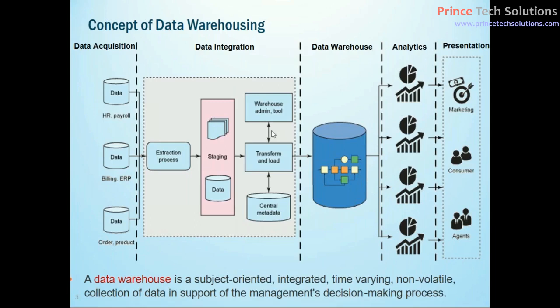If the data is modified in OLTP, the data will be modified in the data warehouse. If new data is inserted into the OLTP, that particular record will be inserted in the data warehouse. So these checks will be done by the slowly changing dimension transformation in the ETL.